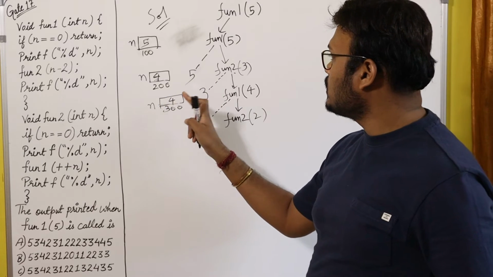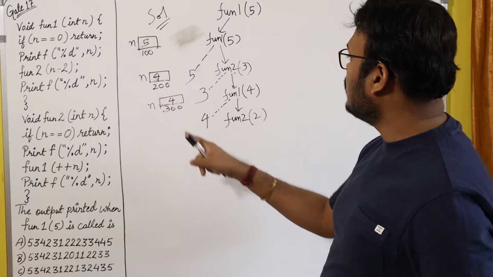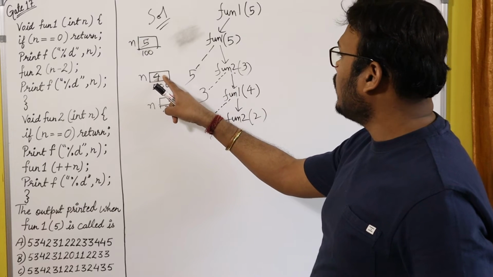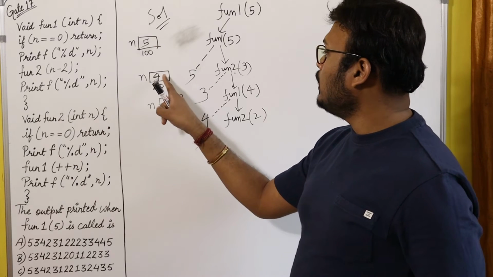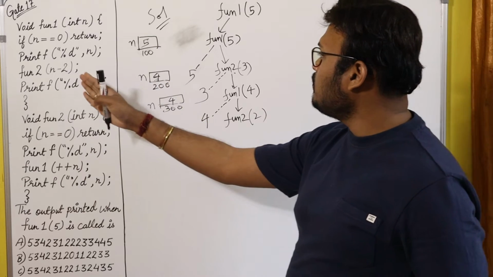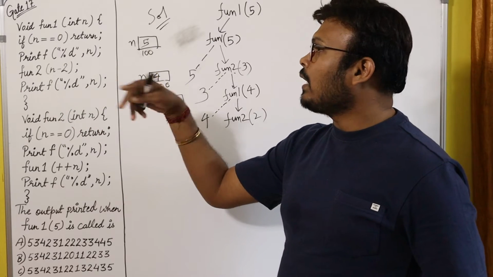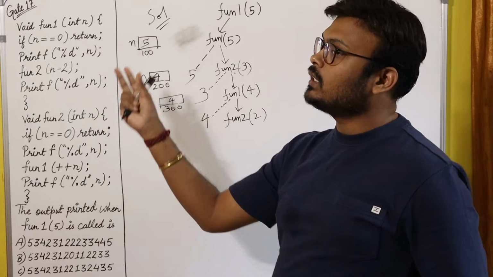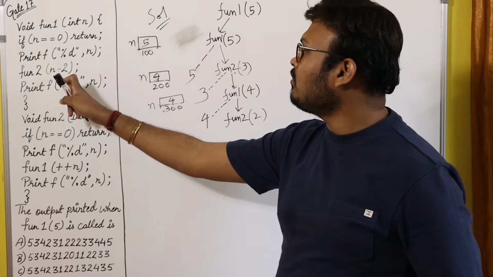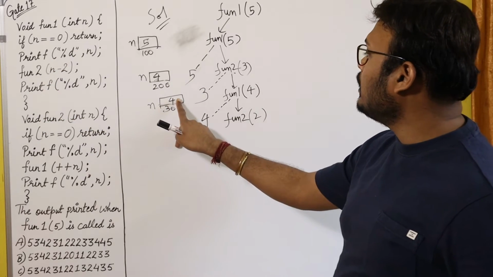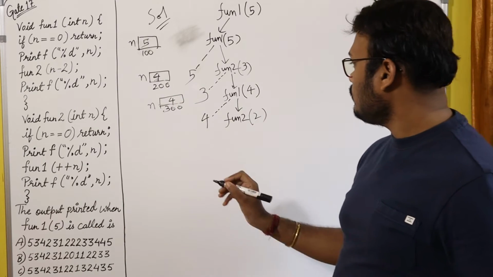But in case of pre-increment, the value does get changed. Here initially it was 3, but due to the pre-increment operator, it became 4. Here, no pre-increment or pre-decrement is happening. Something is just being subtracted from the value of n, and that doesn't change n. So here 4 will remain as it is.